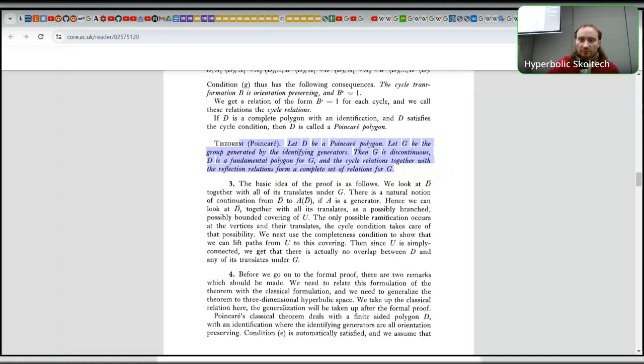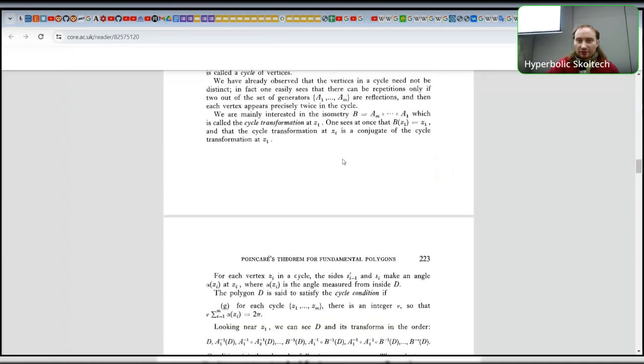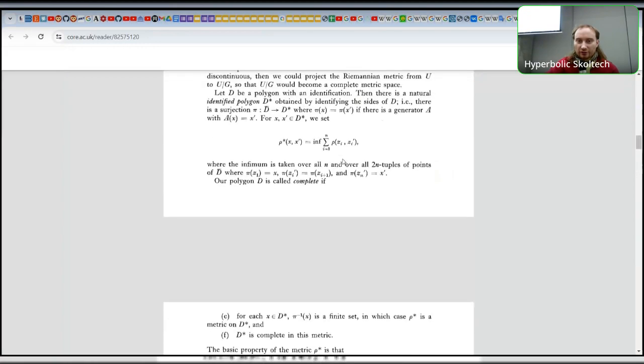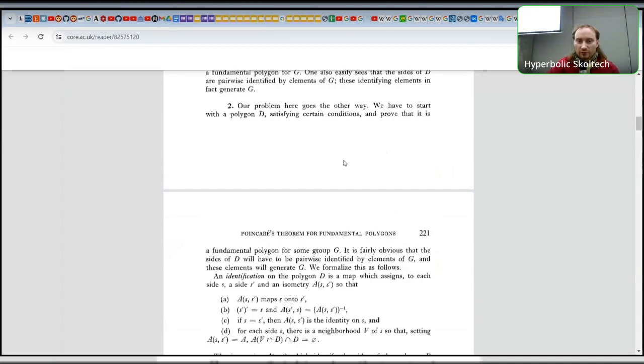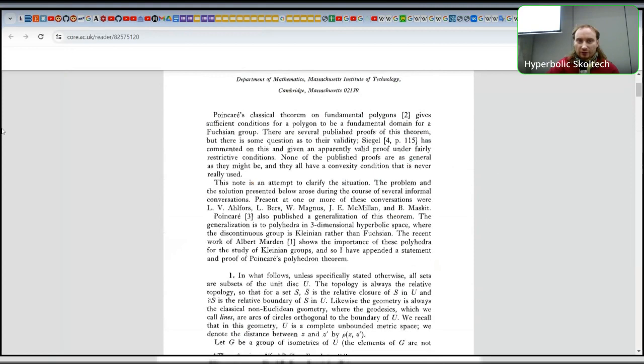Okay, let's continue. So I was asked what the fundamental polygon theorem is about. Actually, it is formulated very nicely. There is a notion of a fundamental polygon. You can see the link for the article here.